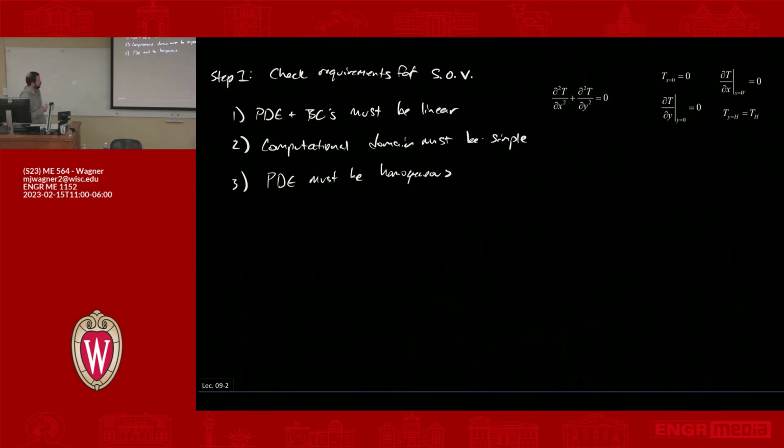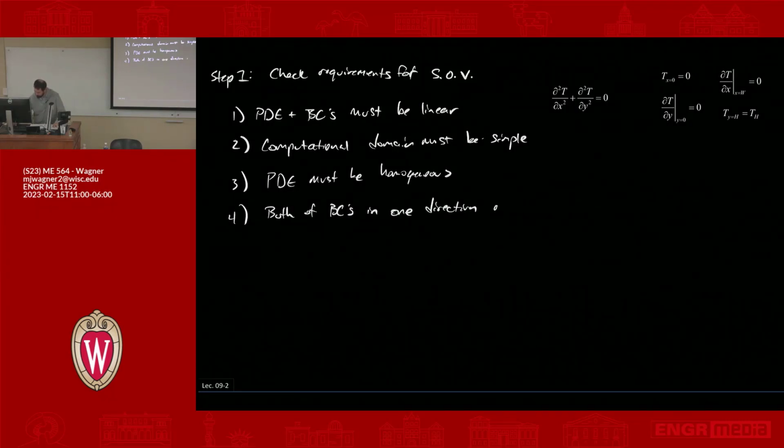What it would look like if it wasn't homogeneous is that there would be some constant term or some function of the independent variables on the right-hand side of that PDE. So again, that's satisfied.